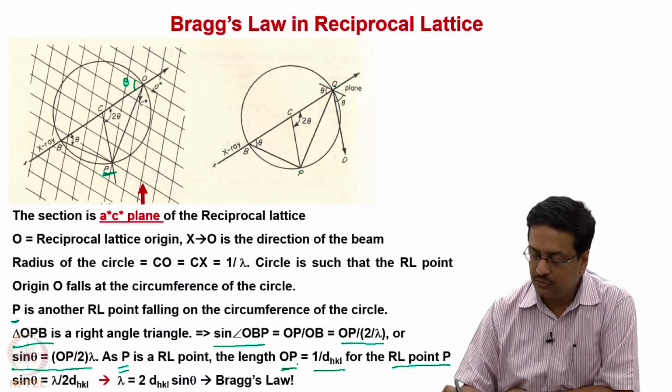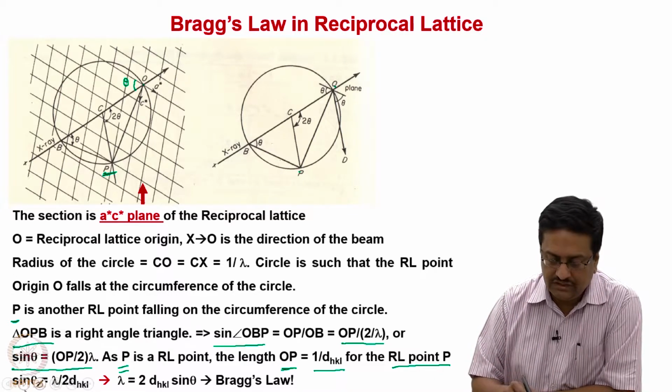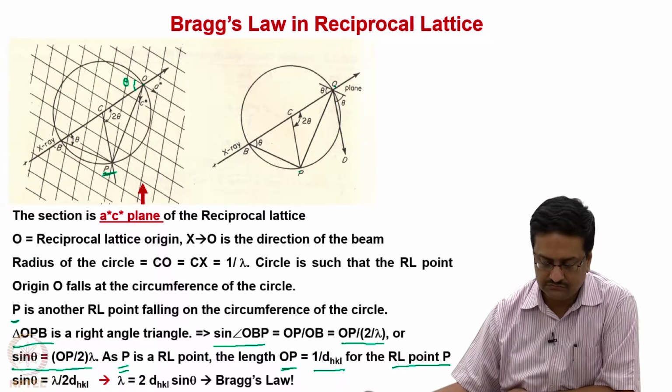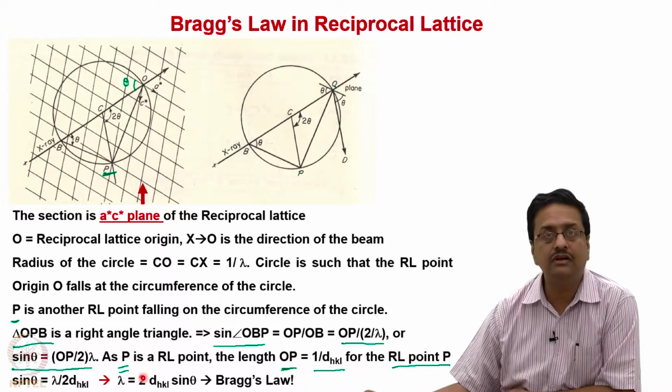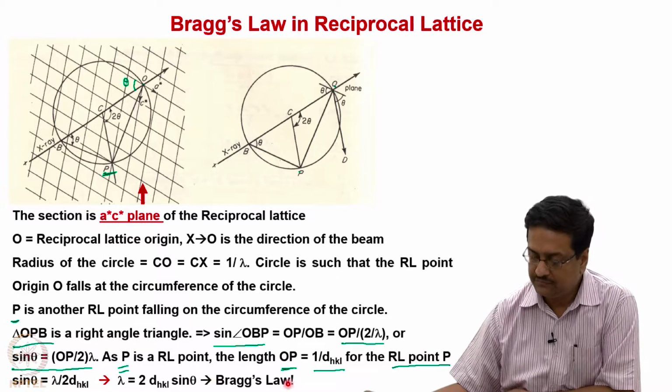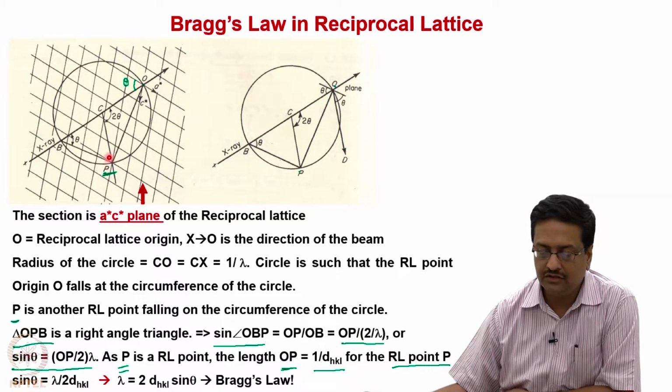So, we replace OP equal to 1 by DHKL, and we write sine theta equal to lambda by 2 DHKL, or we can write lambda equal to 2 DHKL sine theta. That means the Bragg's law condition is satisfied for this particular reciprocal lattice point P.